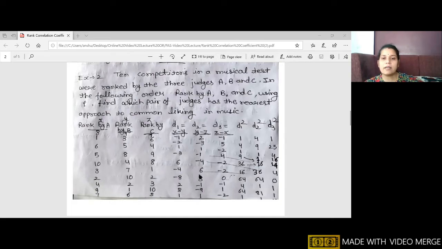So here the third one is D3. D3 is equal to Z minus X. So what is the value of Z minus X? This is our Z column and this is the X column.